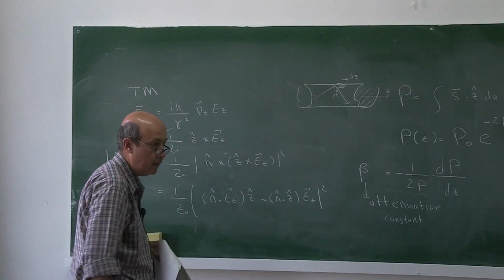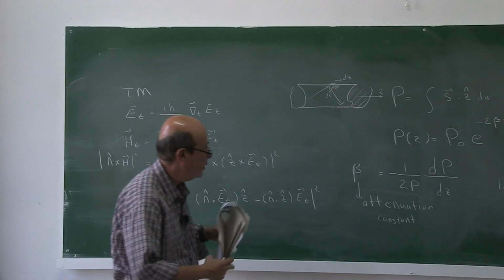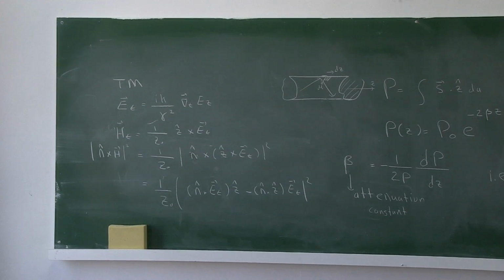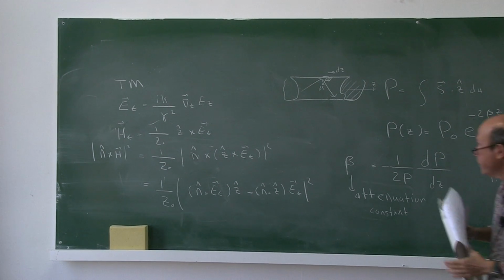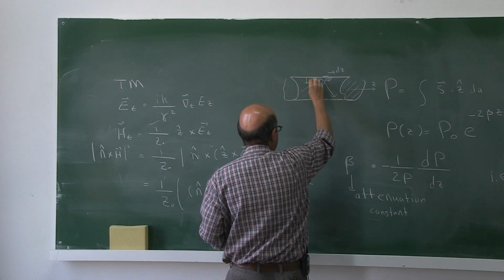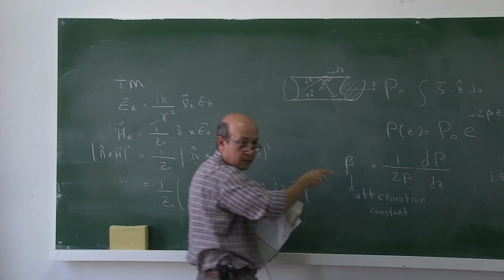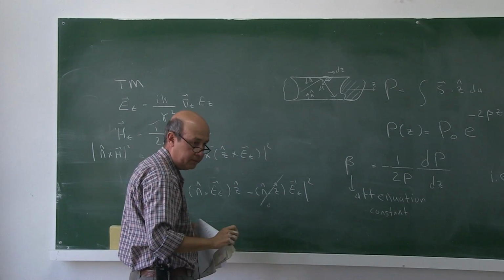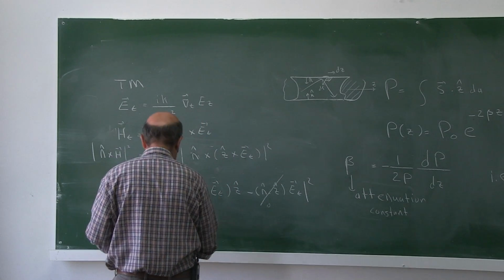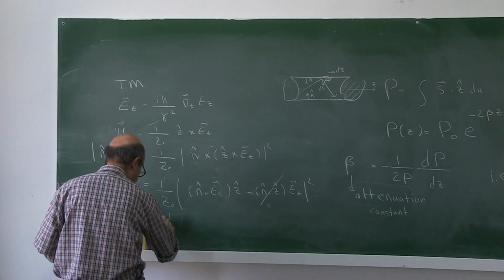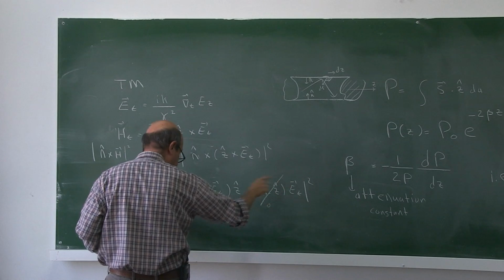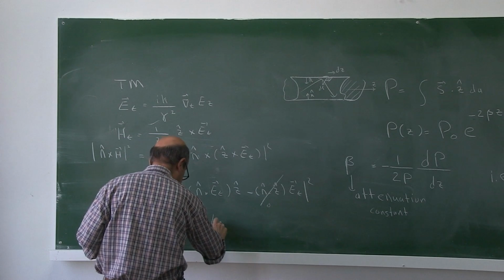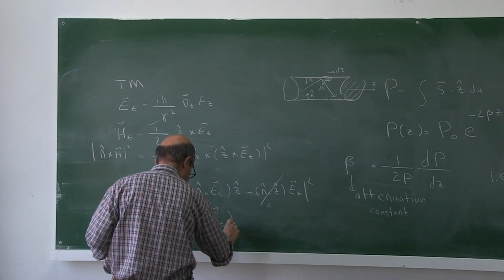So what is N? N is a vector perpendicular to the surface of the waveguide. Therefore, N dot Z is equal to 0, and that is nothing but 1 over Z0, and the absolute square is nothing but N dot E transverse square.